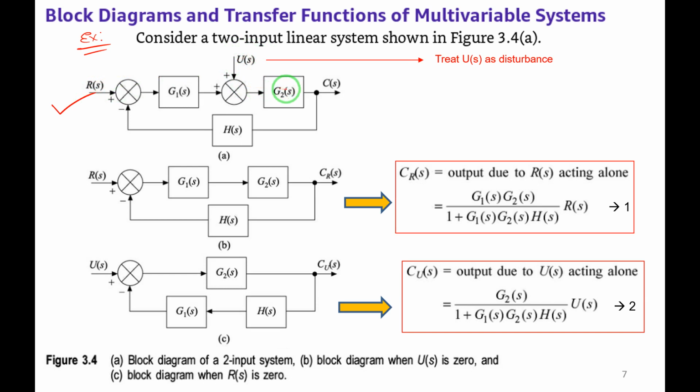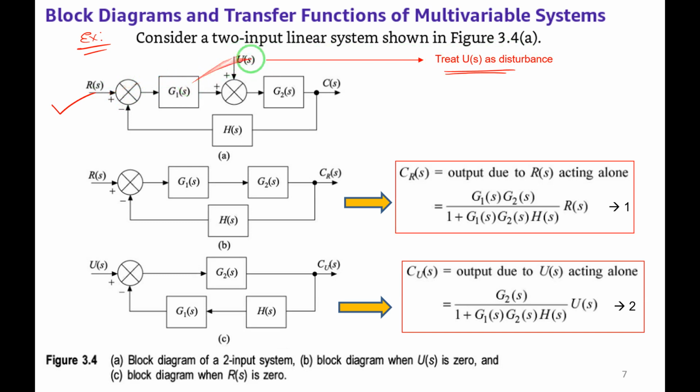Then g2 of s is the forward path transfer function, c of s is the output, and the feedback element is h of s. R of s is the main input and another input is u of s. Let us treat this u of s as a disturbance signal.